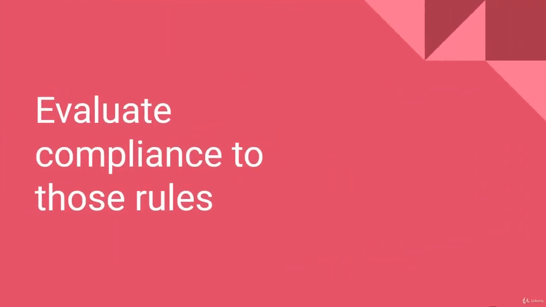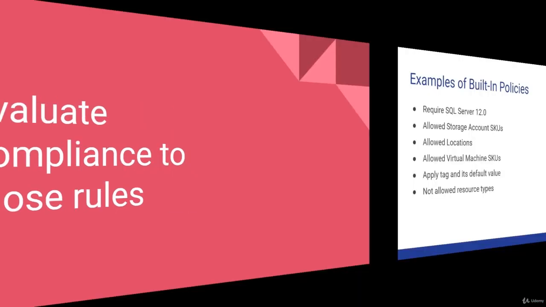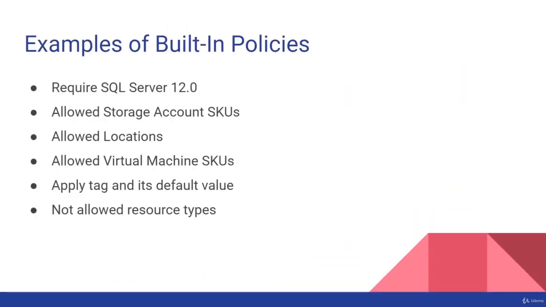Those rules can be hard and fast, where the resources cannot be created unless they follow a particular rule, or you can just set the standard and have it evaluate the compliance. And you again get a report that says, 10 out of your 12 virtual machines are compliant and 2 out of your 12 virtual machines are not compliant. And then you can take manual action to ensure compliance.